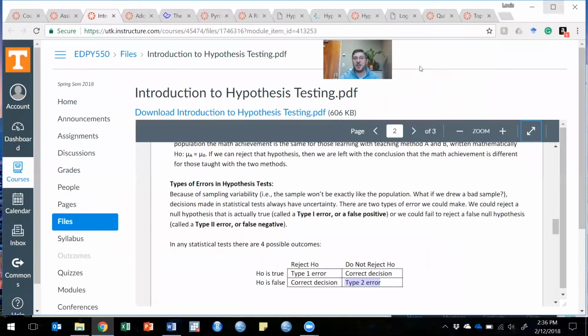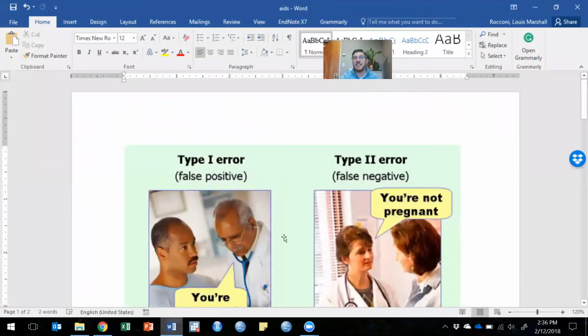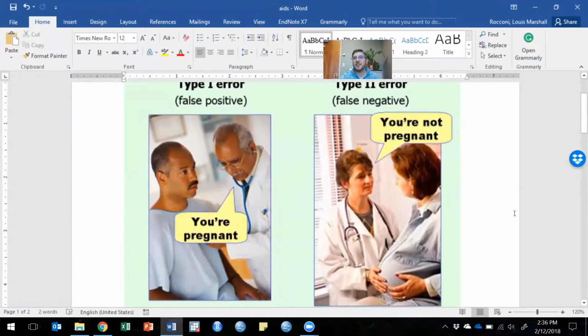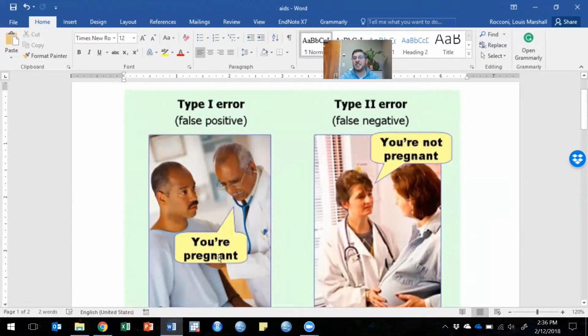Another way I like to think of type 1 and type 2 errors is I always like to pull up this little picture. So you see this doctor here in the picture on the left. He's telling this man that he's pregnant. Well, obviously, that's an error. You can also think of type 1 error as a false positive here. So we are rejecting the null hypothesis that he is not pregnant and saying that he is.